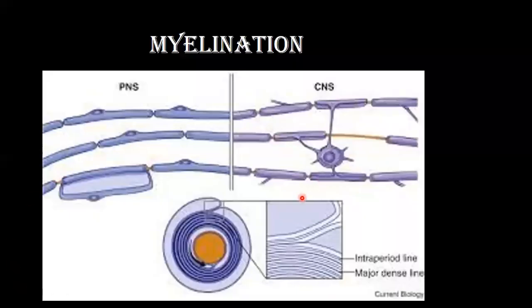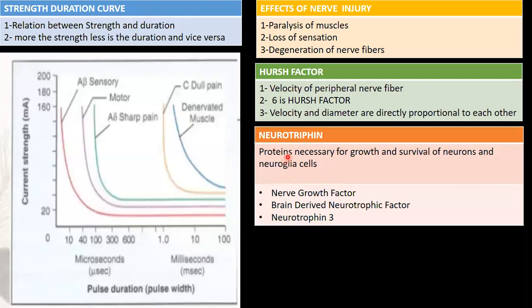Coming to myelination, what is myelination? Myelination is the process of formation of myelin sheath. Here we have one more thing, that is the neurotrophin.